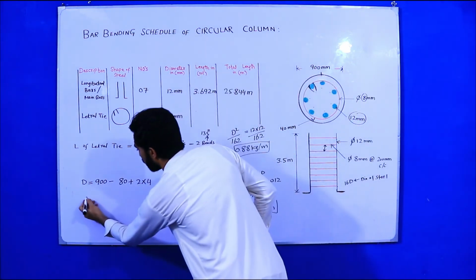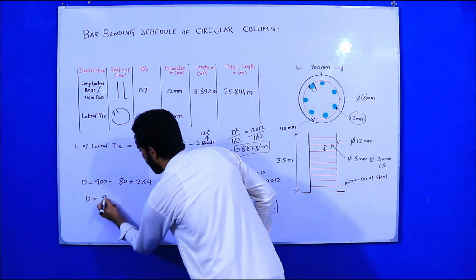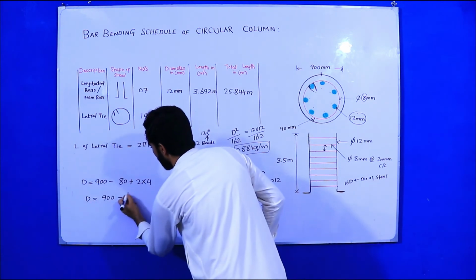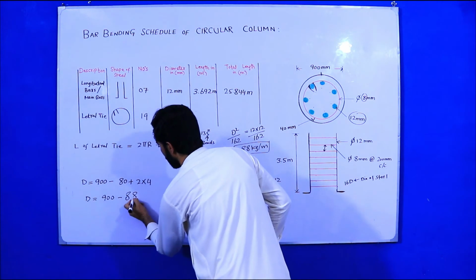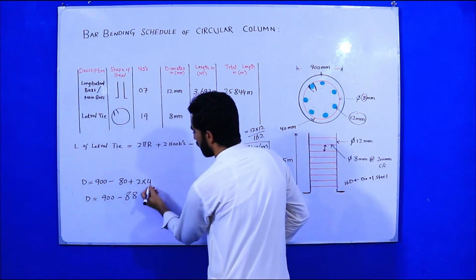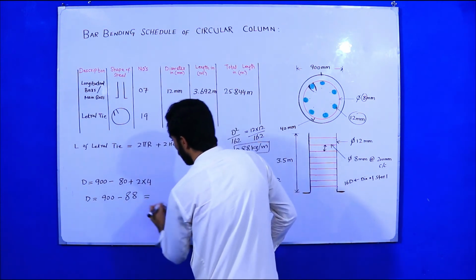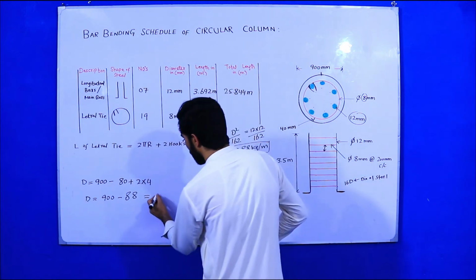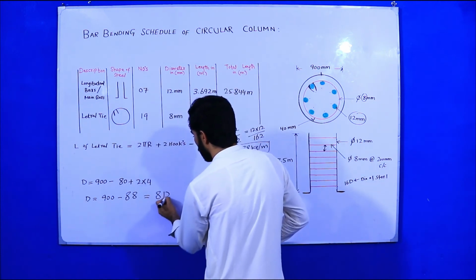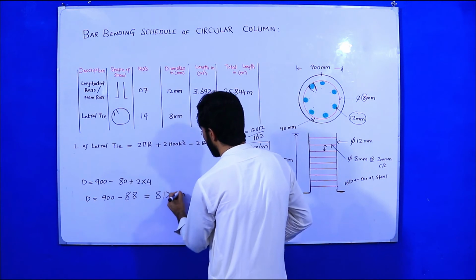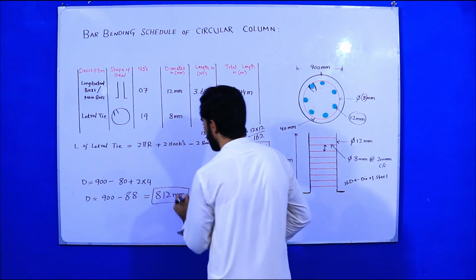So D is equal to 900 subtract 88, so 812 millimeter. This is the actual diameter of lateral tie.